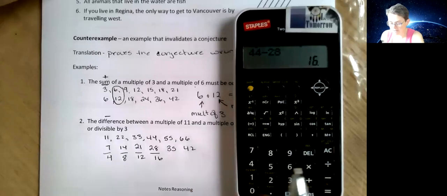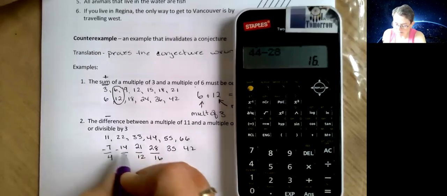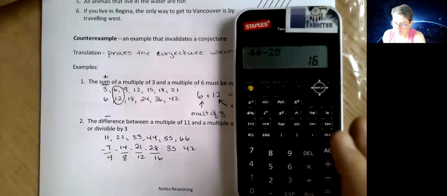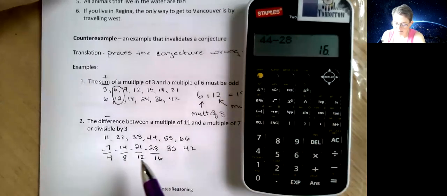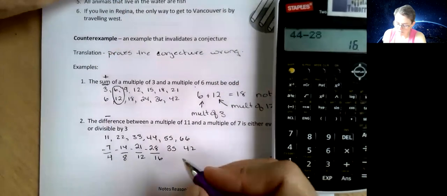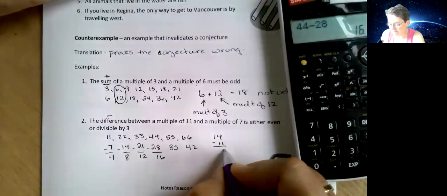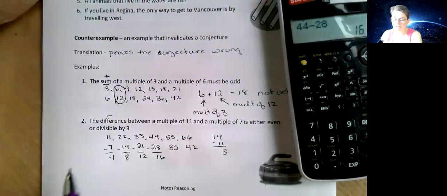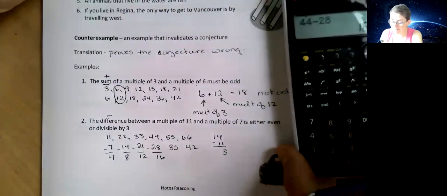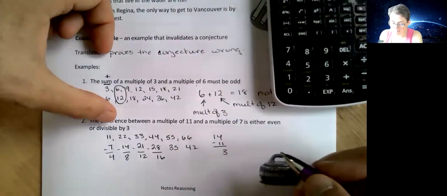Well, this isn't working very well. Not even getting multiples of 3. It looks like that pattern isn't working, so let's try 14 minus 11. That's going to give me 3. Basically, I'm taking a number from the top or bottom and subtracting, hoping I get something that isn't even and isn't divisible by 3.